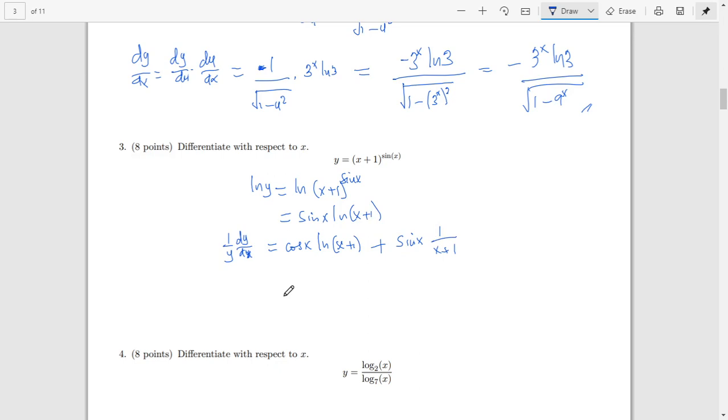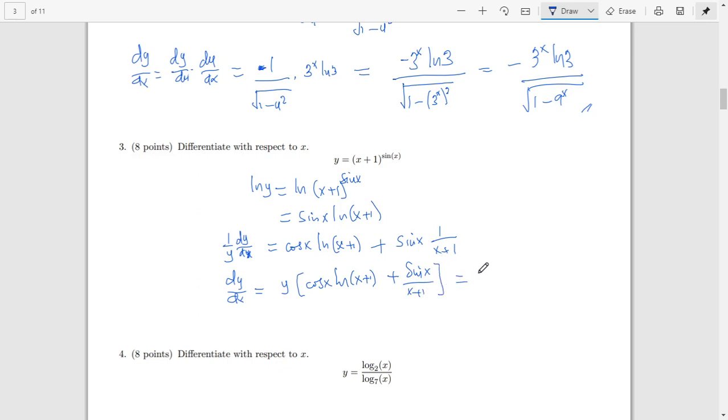This tells me that my dy/dx is now equal to what I get when I multiply both sides by y, which will be y multiplied by cos x ln of (x plus 1) plus sine x all over x plus 1. And what was my y?